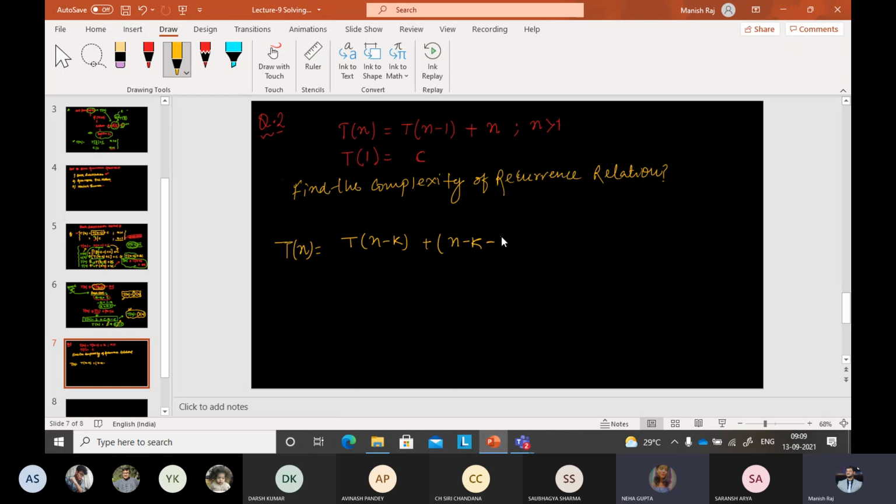K minus 1. Okay, good. So K minus 1 is in brackets. Then n minus k minus 1 is in brackets.